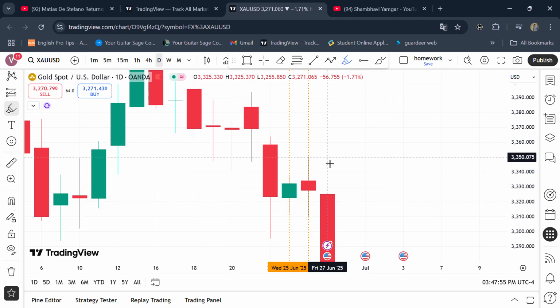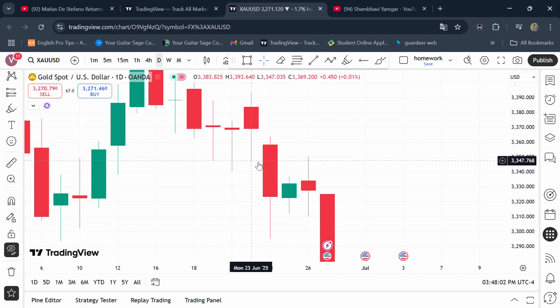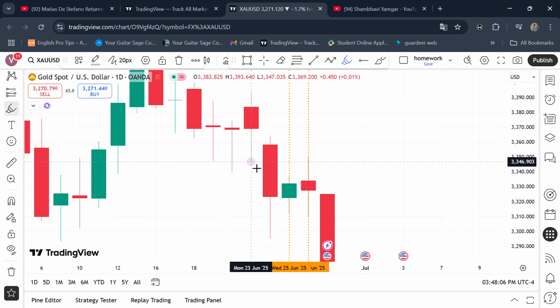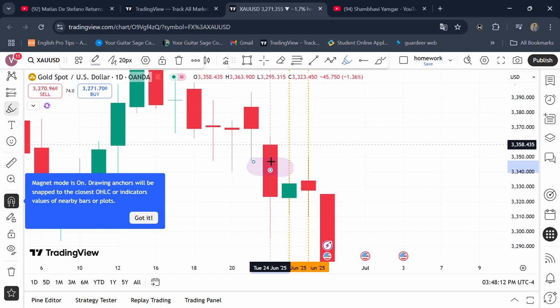So what we had on a daily time frame was an FVG. Can you see here? Wait, I will draw this for you. From this candle's low to this candle's high, this is where we had our FVG.